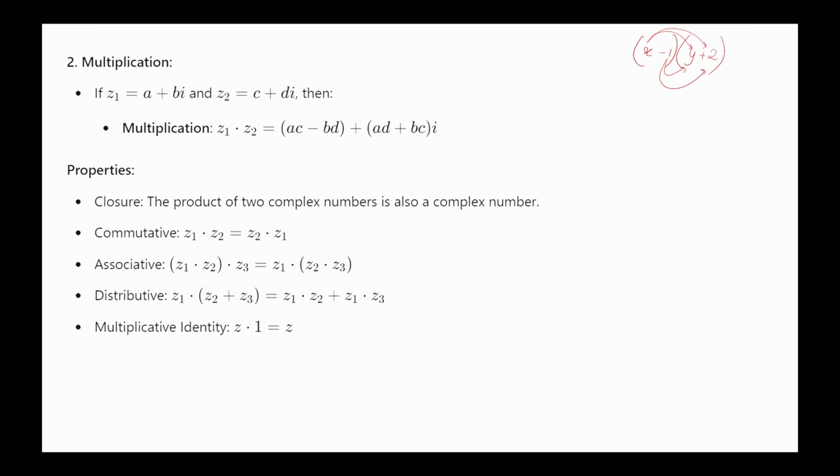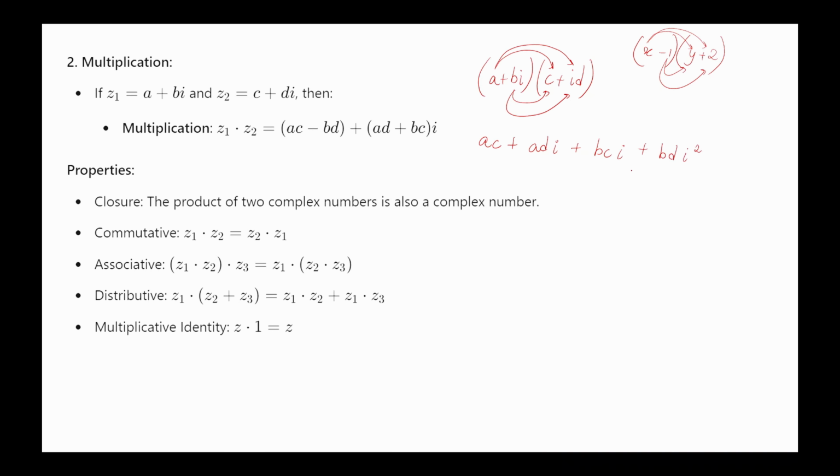Let's say I have z1 and z2 as two complex numbers. I need to multiply them. So I can write it as a plus iota b and c plus iota d. And if I multiply them, first I'll multiply a and c, then a and iota d, then this, and then this. So I would get a into c plus ad into iota plus bc into iota plus bd iota square.